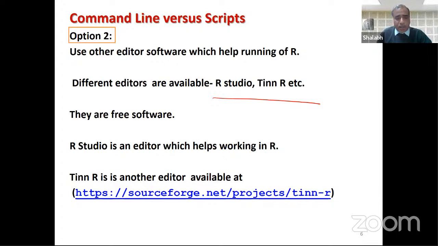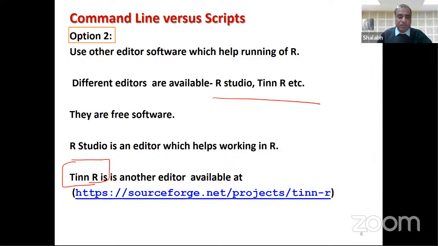For example, earlier, I remember around 2005, 7, 8, at that moment R Studio was not there, and there was another software, Tinn-R. This was another editor in which we used to type our commands and execute them. Right.